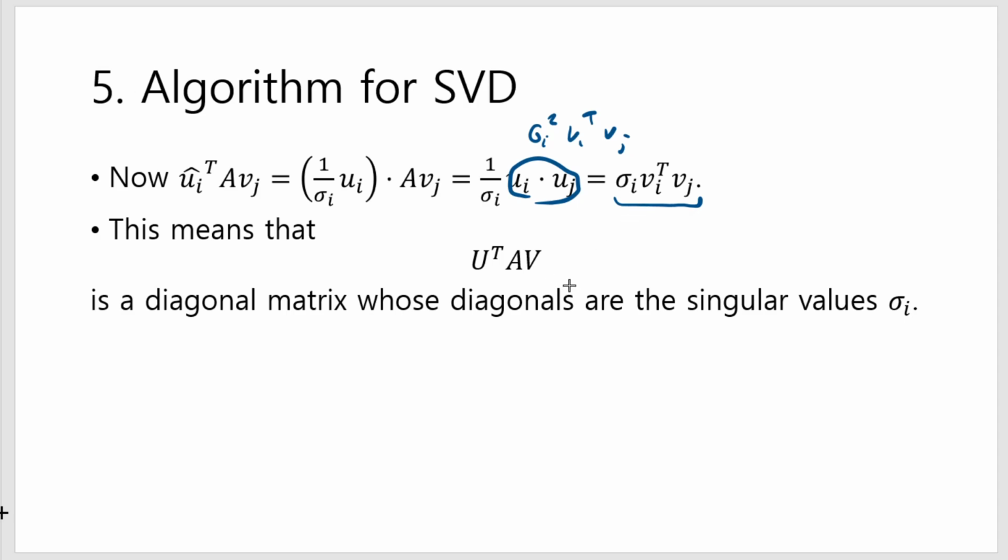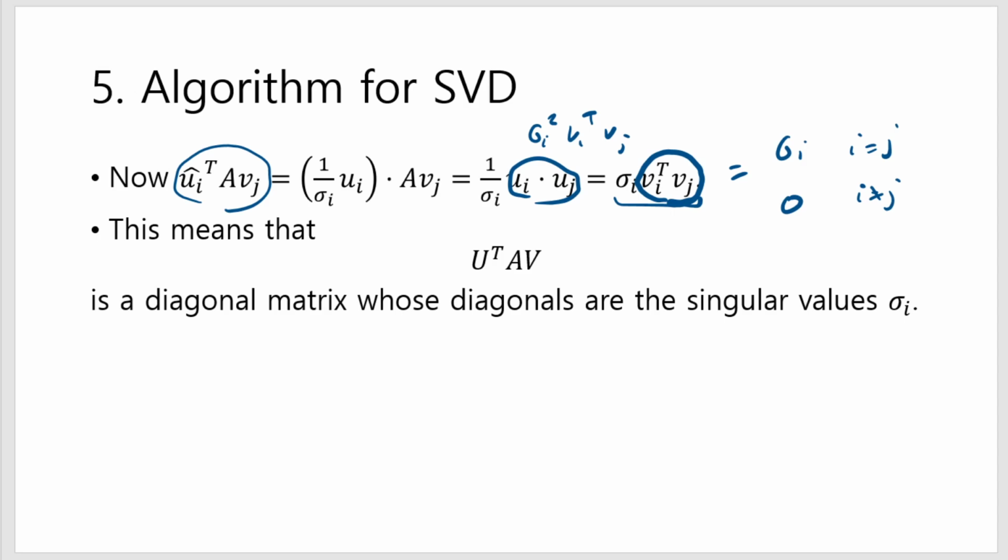This is non-zero only when i and j are equal: it's 0 when i and j are different, and it's equal to 1 when i and j are equal. This means it's sigma i when i and j are equal, and 0 when they are different. So if you do this computation, each element of this big matrix is computed by this, and you end up with a diagonal matrix whose diagonals are the singular values sigma i.